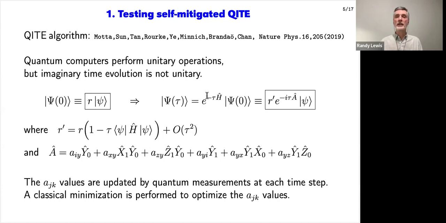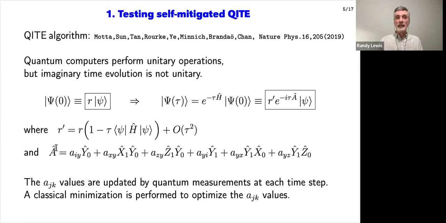whatever the result is of performing this operation, it must be some normalization factor, R prime, times a unitary operator A acting on the properly normalized state from the preceding time step. So the question is, what is the expression for R prime, and what is this operator capital A? It turns out that R prime can be calculated from the previous normalization factor by measuring on the quantum computer the expectation value of the Hamiltonian.